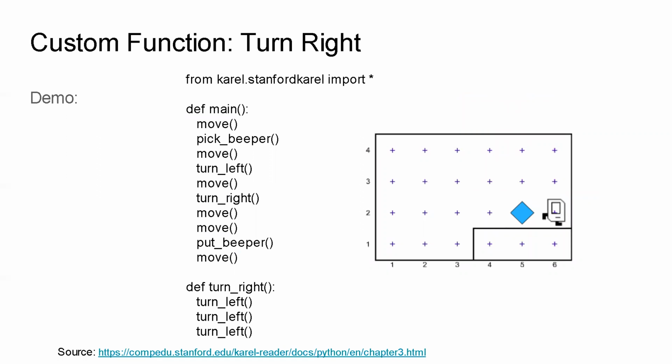At least for Python, this is the pattern. You have def, the keyword to define a function, and you have main. This is required in a Karel program. And you could also have a turn right custom function as stated earlier.